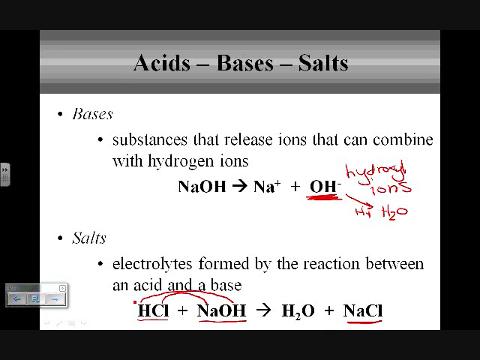As the hydrochloric acid separates, we get hydrogen ions and chlorine ions, and as the sodium hydroxide separates, we get sodium ions, and you have that positive and negative, and then you have hydroxyl ions. So the sodium and chlorine are going to combine, and the hydrogen ion and the hydroxyl ion are going to combine. So you're going to get water and a salt.